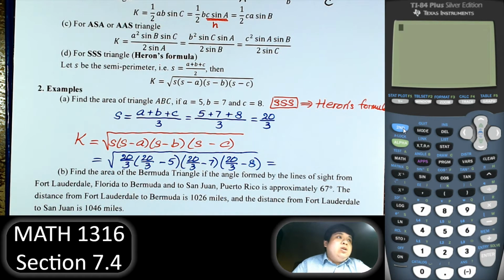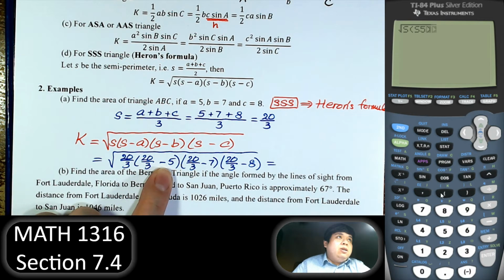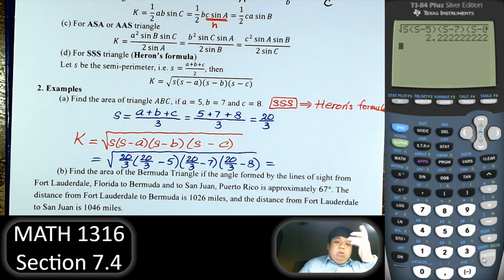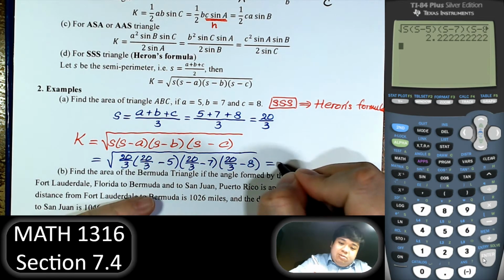So square root of s times (s minus 5) times (s minus 7) times (s minus 8), which is square root, so it's 2 over that.